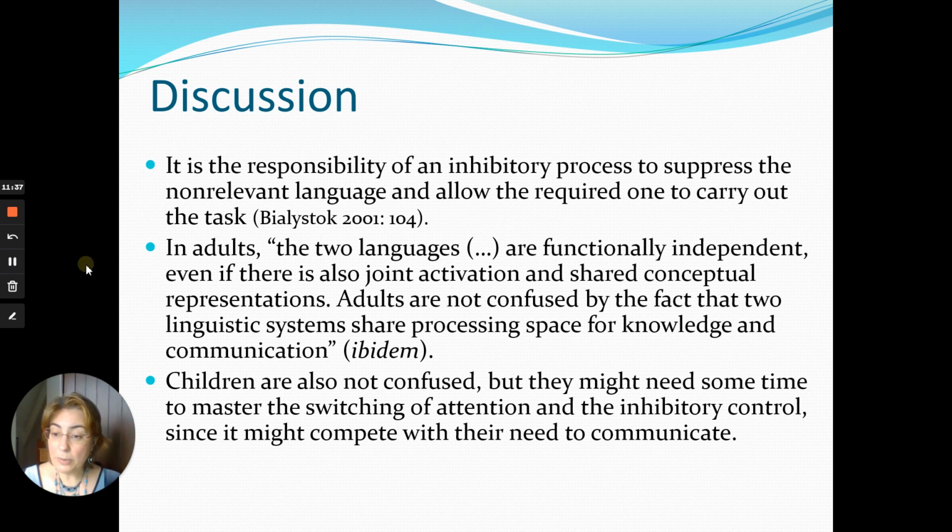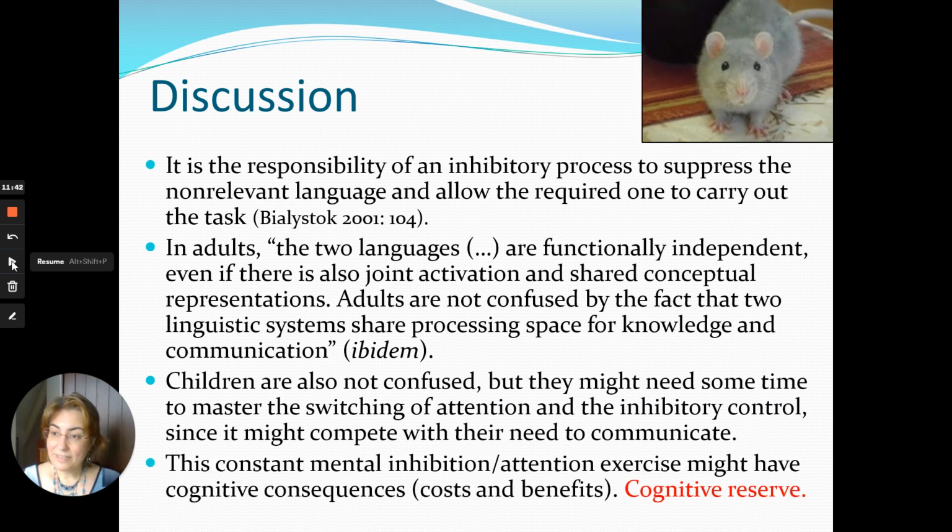Eventually, in multilinguals, this constant mental inhibition and attentional exercise might have cognitive consequences. Those are the costs and the benefits. So it might be costly to have this extra mechanism if you have two languages, but then you also might have the benefit of exercise, right?